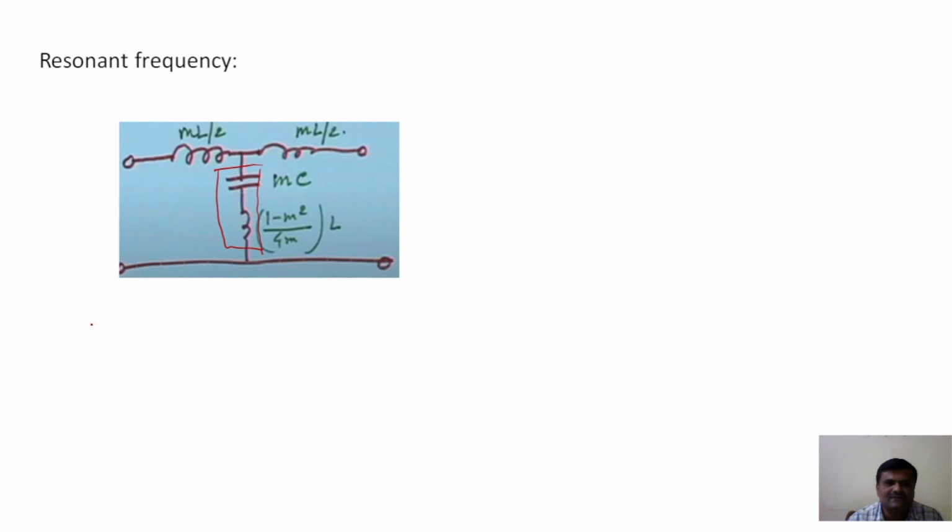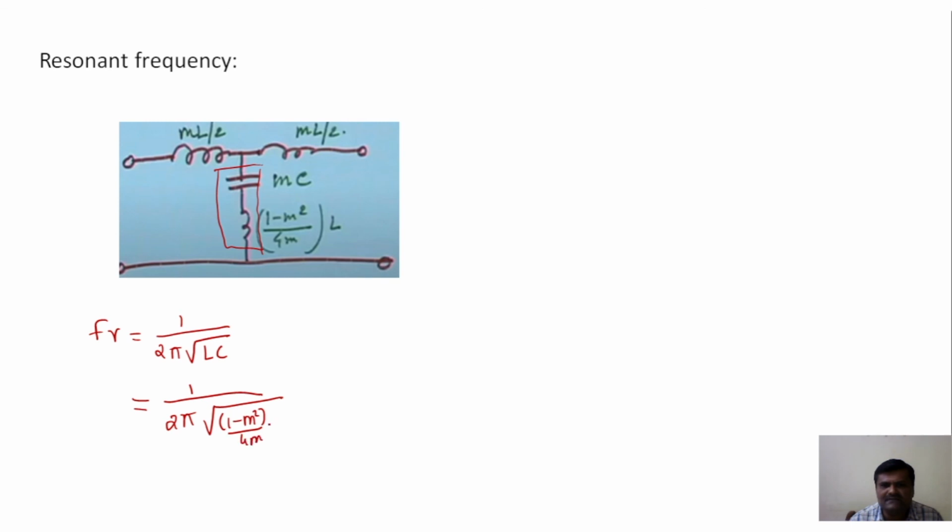We know the resonant frequency Fr equals 1 upon 2 pi root LC. Put in the values of L and C: 1 upon 2 pi root of L value, that is 1 minus m square divided by 4m L, times C, which is mC.